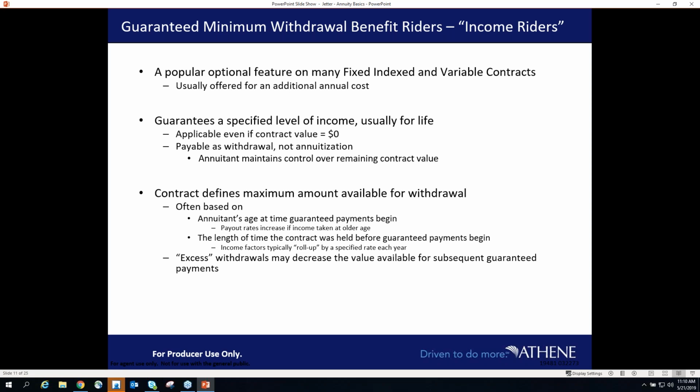That's how our contracts work. The longer your clients defer taking the income, the bigger their income account value will grow to, and also the higher the payout percentage will be. Excess withdrawals may decrease the value available for subsequent guaranteed payments. That's very true in most contracts. If your clients do take excess withdrawals, that can reduce the future lifetime income payments.